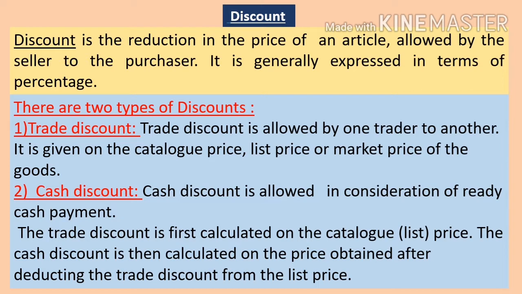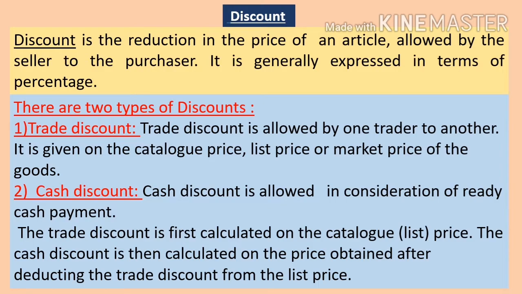The price that you get after deducting cash discount from the invoice price is called the net price of the goods. So students, remember the trade discount is always calculated on the list price of the goods, whereas the cash discount is calculated on the invoice price of the goods.